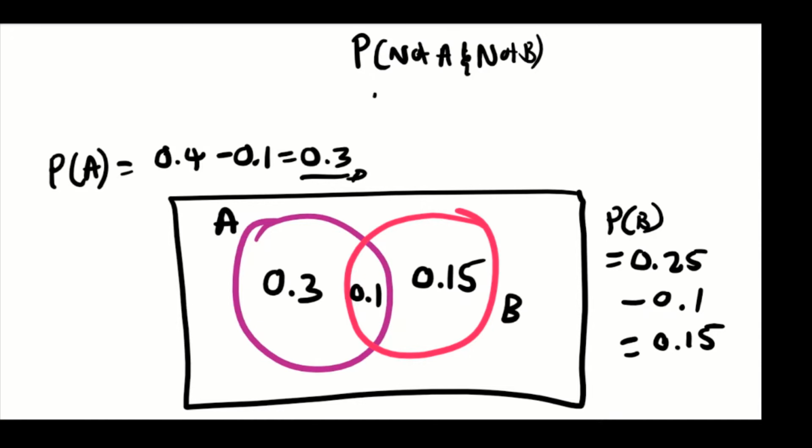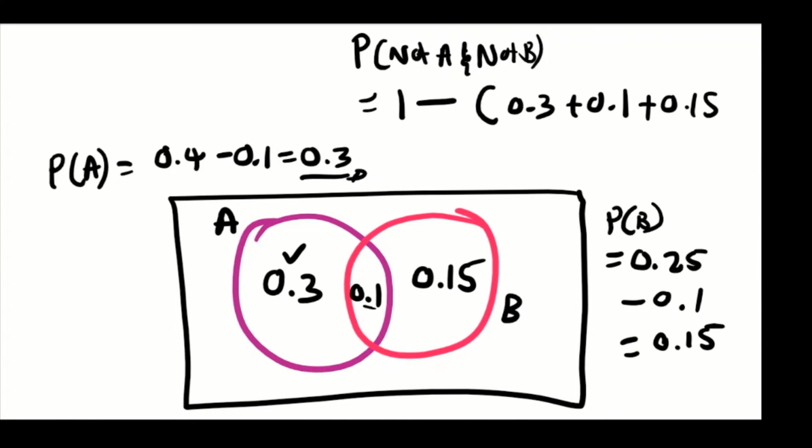So how we can get this probability is by saying 1 minus the union, I mean both A and B. So it's going to be 0.3, which is this one here, plus 0.1, which is this one here, plus 0.15.